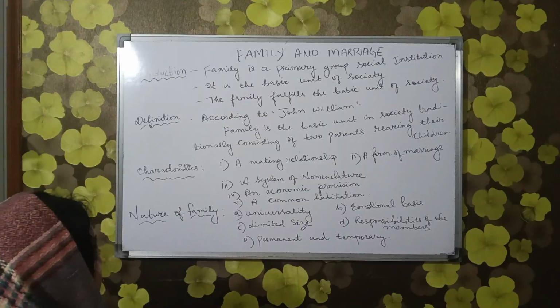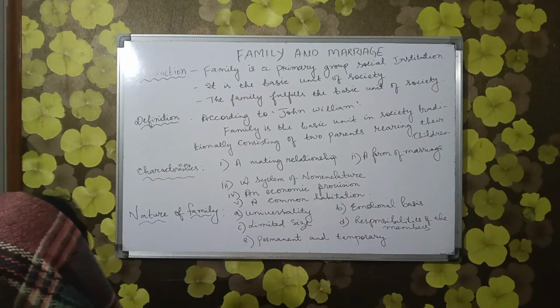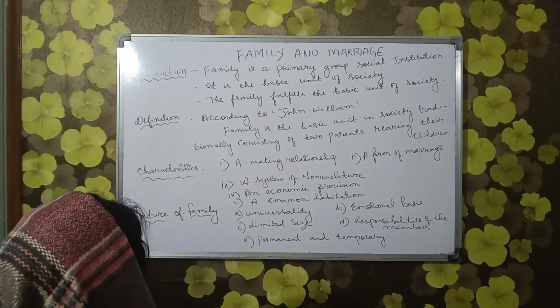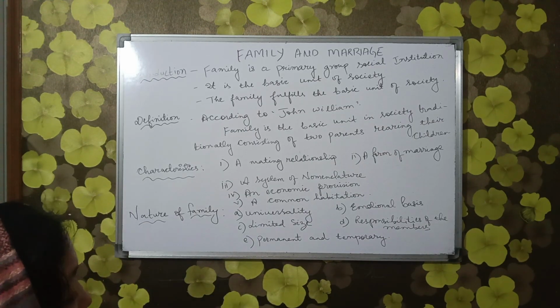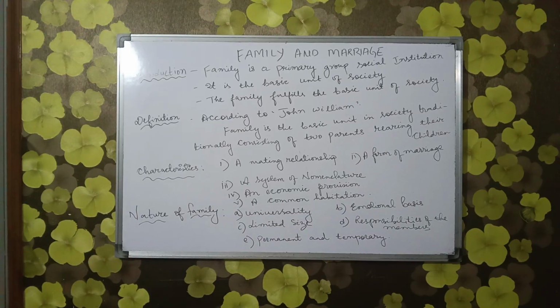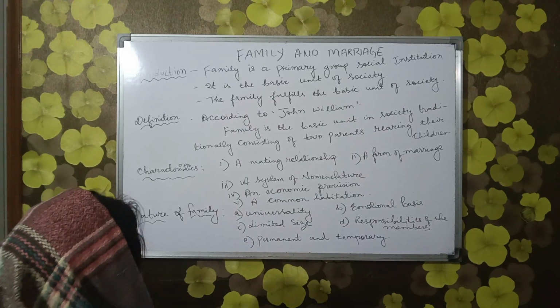And next is a common habitation. A common habitation, mainly a family requires a home or household for their living. Without a home, child rearing is not possible, and it is not possible to make family planning as well.